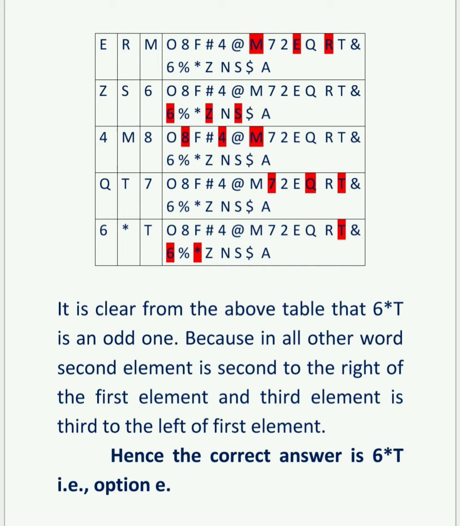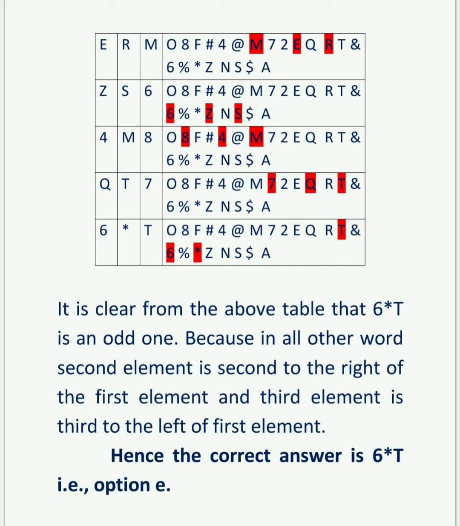In the last column, I rewrite the sequence after step 2, and I mark the letters of ERM to get the idea how the 5 are connected. Next, EZS6 I mark, 4M8 I mark, QT7 I mark, 6*T I mark.